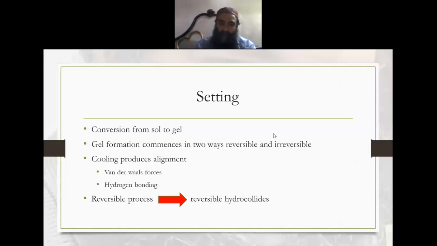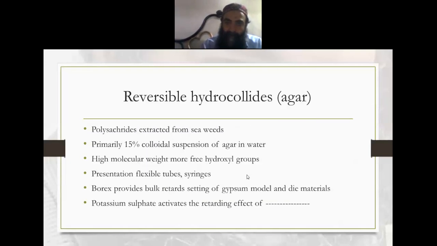Now, if the reversible process occurs, then the produced hydrocolloids are designated as reversible hydrocolloids. And reversible hydrocolloids are known as agar.